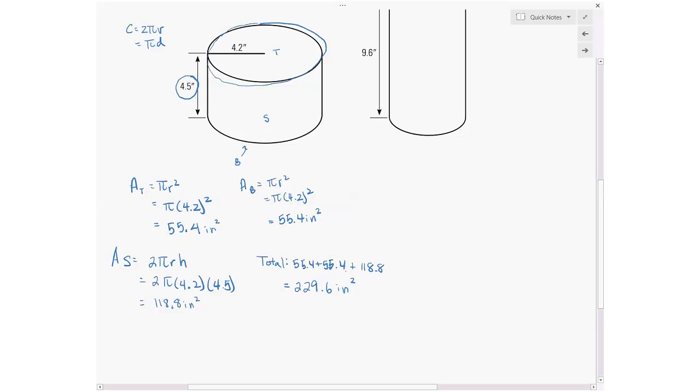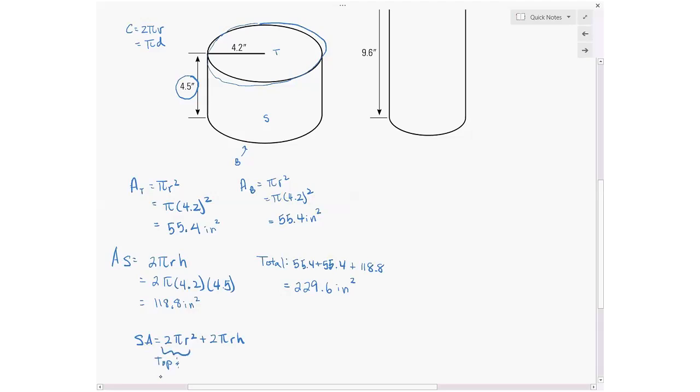Now, here's the formula for a cylinder. So the surface area for a cylinder is 2 pi r squared plus 2 pi r(h). Okay, two circles, that's the top and the bottom.